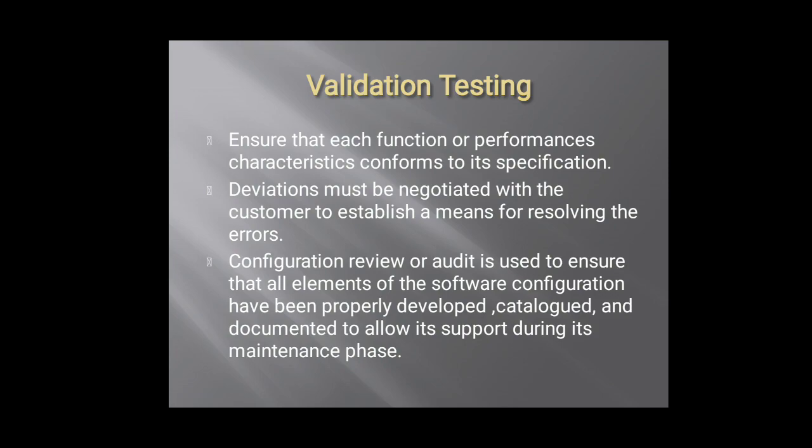When we check that, you will have some values which are not according to the expected output. So deviations must be negotiated with the customer to establish a means for resolving the errors. Configuration review or audit is used to ensure that all the elements of the software configuration have been properly developed, catalogued, and documented to allow support during the maintenance phase.